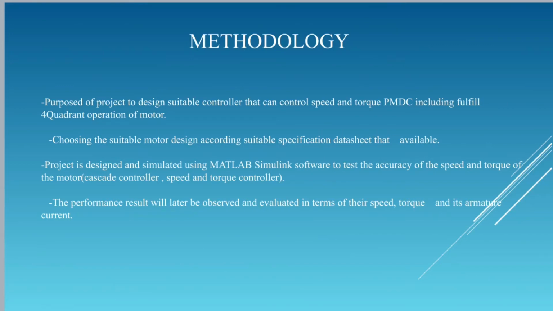The project is designed and simulated using MATLAB simulation software to test the accuracy of the speed and torque of the motor, using a cascade controller, speed and torque controller. The performance result will later be observed and evaluated in terms of speed, torque, and armature current.